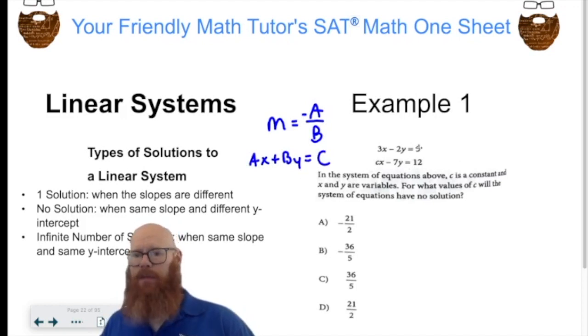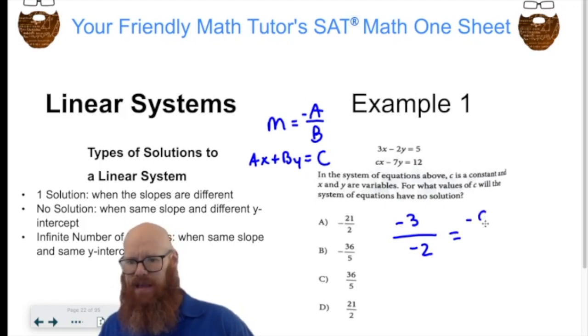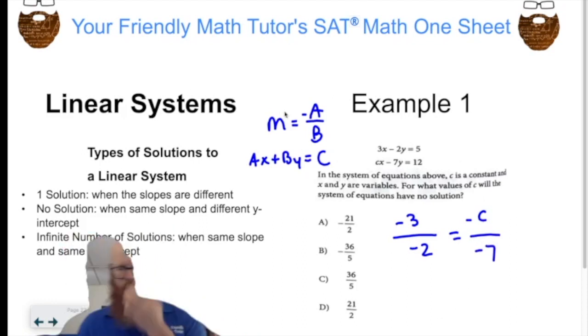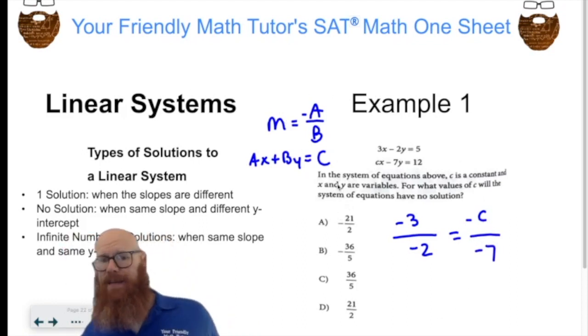So the slope of the first one is negative 3 over negative 2, and we want the slopes to be the same. The slope of the second one is negative c over negative 7. I'm just following this formula, which really comes in handy.